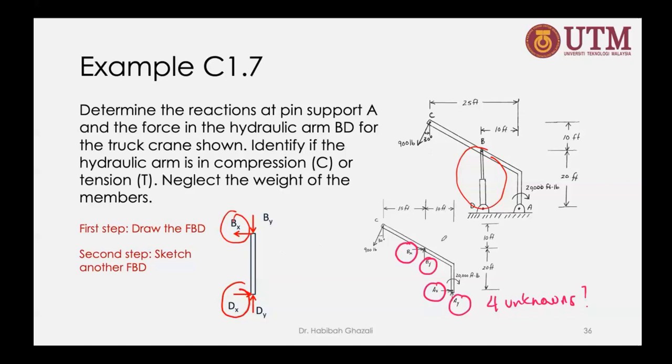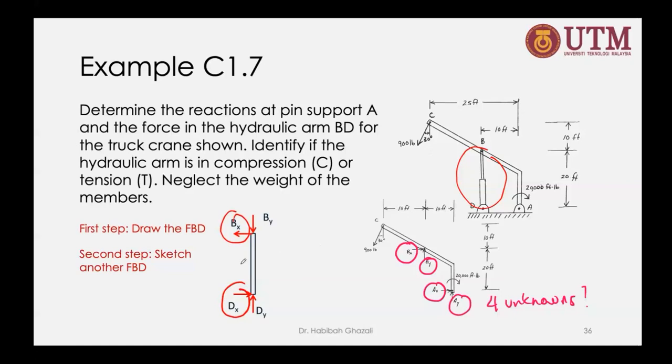With this, also remember that when you draw the reaction in one of the members going up, for example, the other member must have a reaction that is the same in magnitude but opposite in direction. Again, this is Newton's third law of motion.